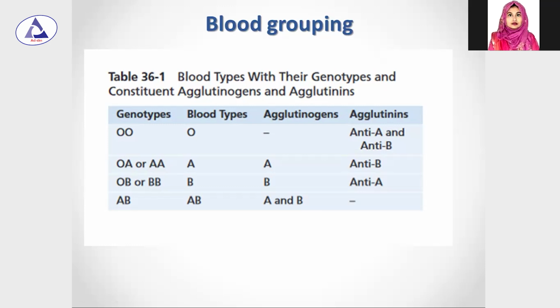The summary, or at the end of this discussion, what we will say is that blood group O doesn't have any antigen, and blood group AB has both antigens. O blood group is called the universal donor, and AB blood group is the universal recipient.